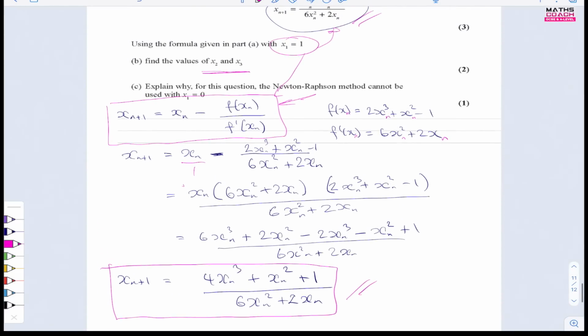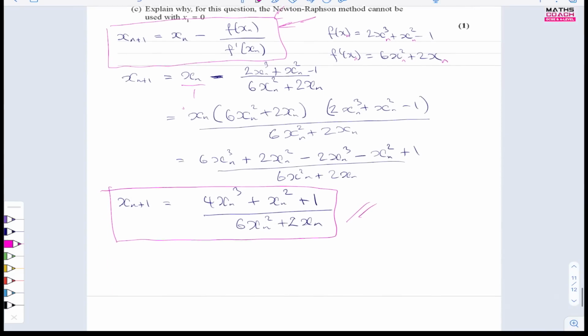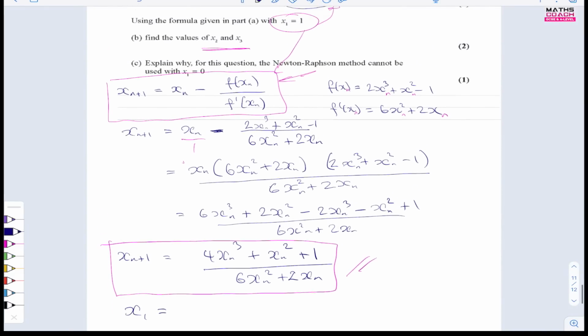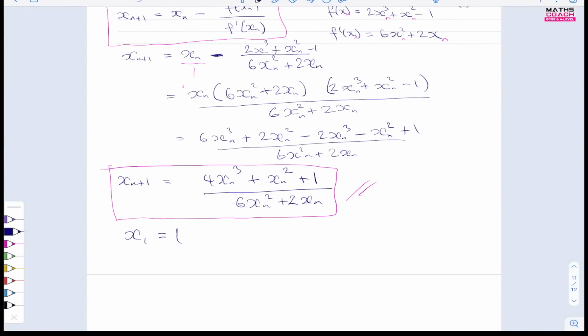So now we're going to use the iteration of x1 equals 1 in this formula to work out the second and the third estimations to the solution. So x1 equals 1. X2 would be, just showing the substitution, 4 times 1 cubed plus 1 squared plus 1 over 6 times 1 squared plus 2 times 1, that should give you 3 over 4.